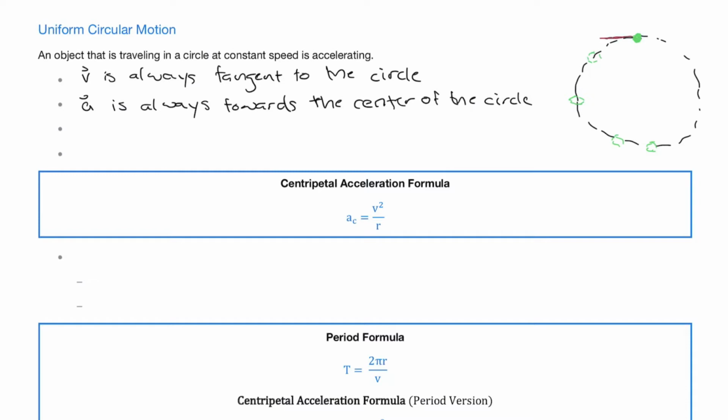So at the top, that means the velocity is to the side, and then approximately 45 degrees south of west, and then the velocity straight down, and so on, and so on. The acceleration always points towards the center of the circle, so at the top, it points right towards the middle, and then at the next point, and then at the next point.